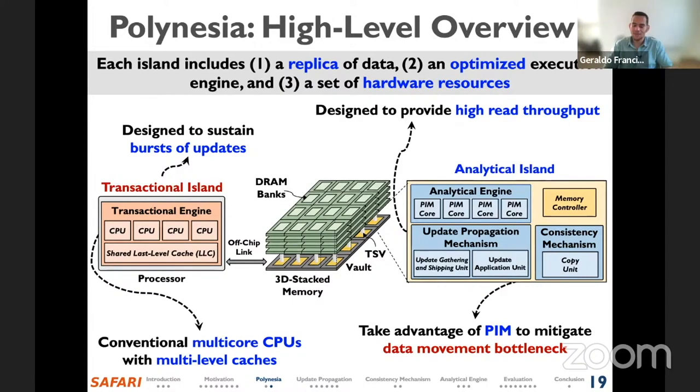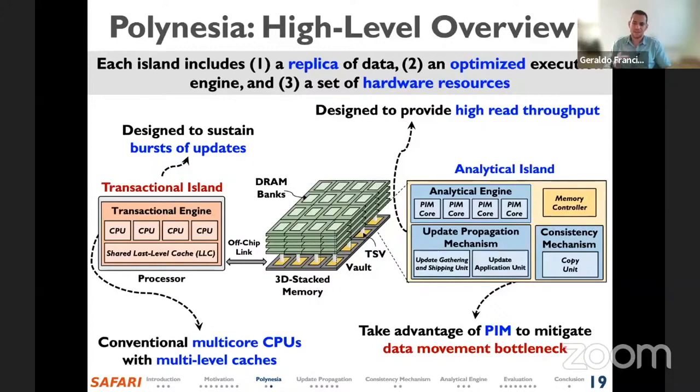So there is actually a bunch of work in the literature that tries to port transactional workloads into GPUs, because a GPU can maintain a really high throughput update rate. It's a non-trivial thing, and there are a bunch of research papers about that.